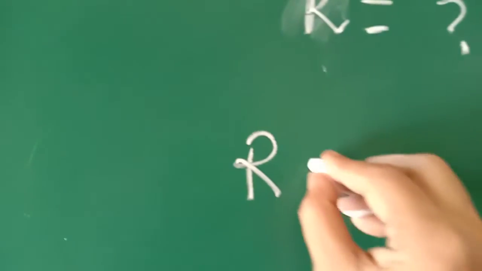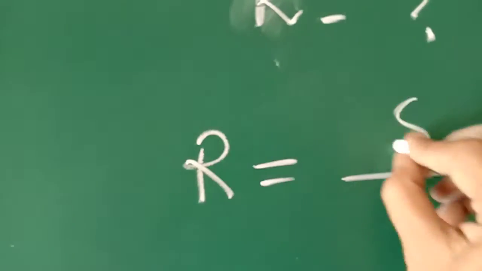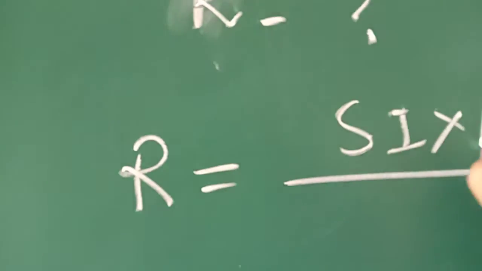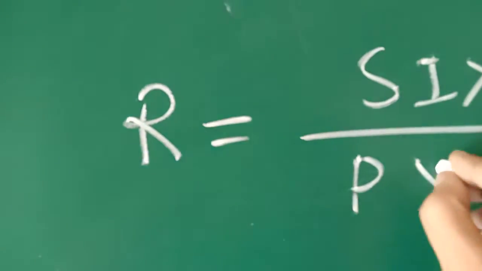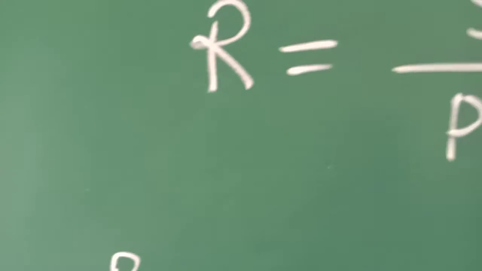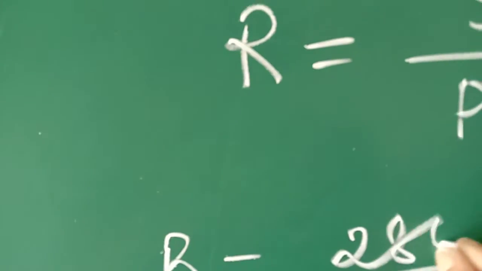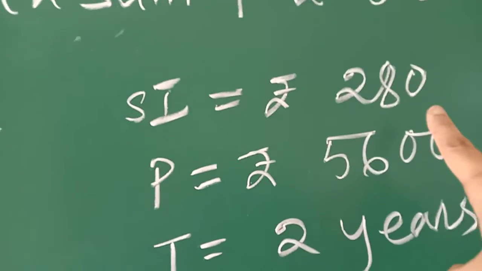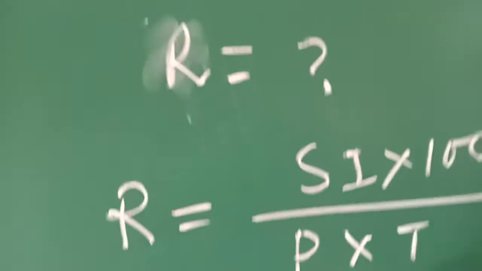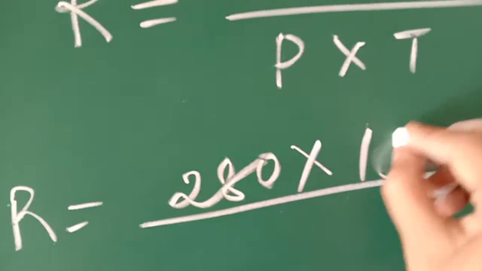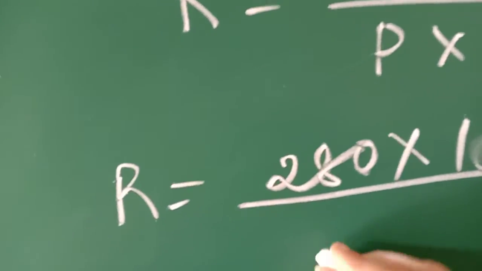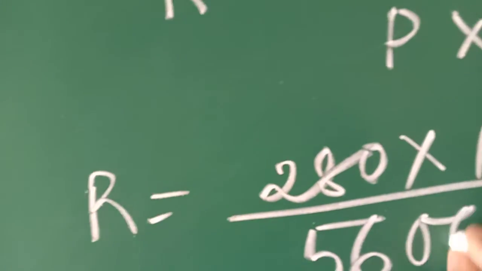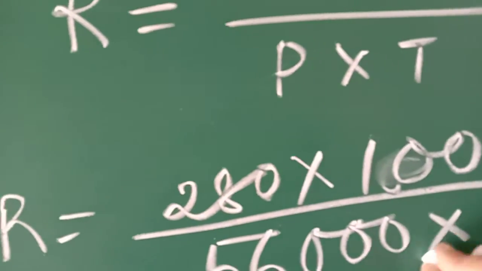When rate is missing, you will do rate equal to, write the formula always, SI into 100 by P into T. Then rate equal to simple interest 280 into 100, and principal is 56,000, time 2 years.